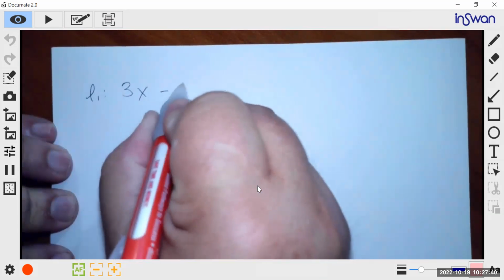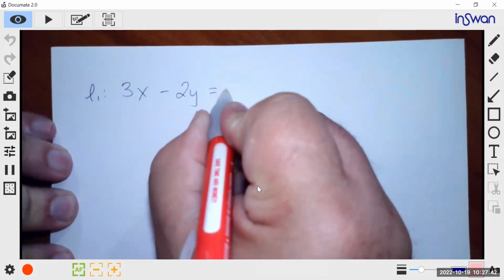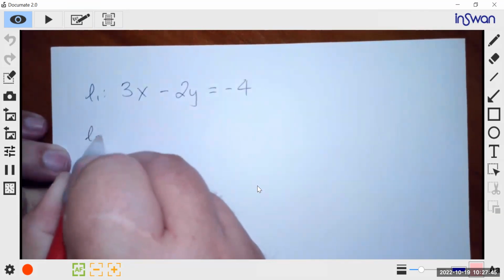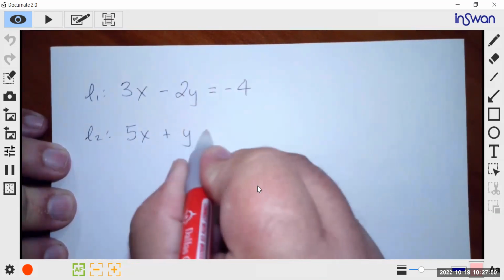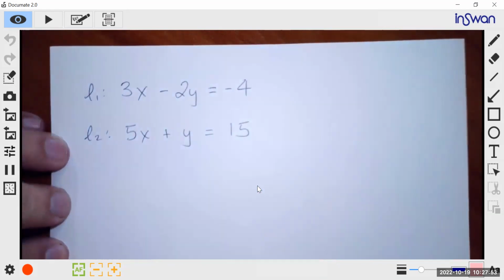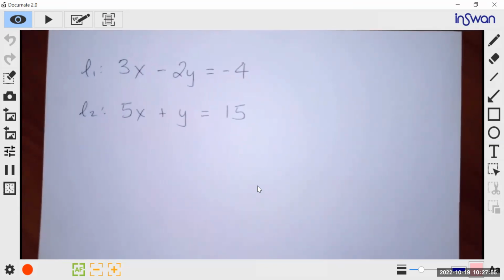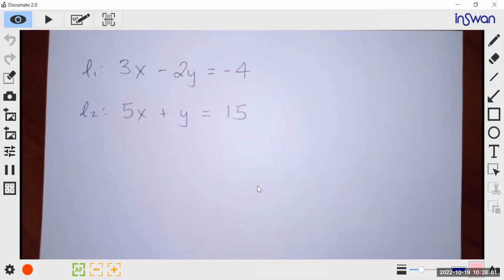Line 1. Line 2. So your first choice, what do you have to do first in this method?